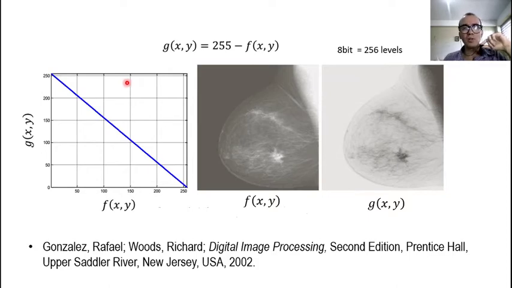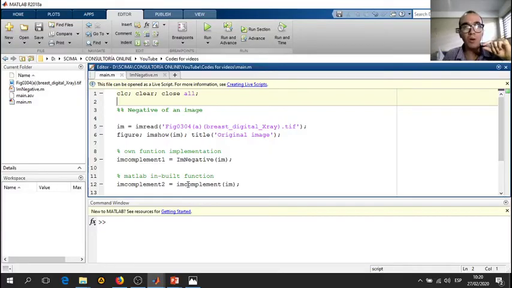So now we are going to see some MatLab code in order to make it easier for you to implement this transformation. Now we are in MatLab. I'm going to run this code line by line to show you how to compute the complement of an image.